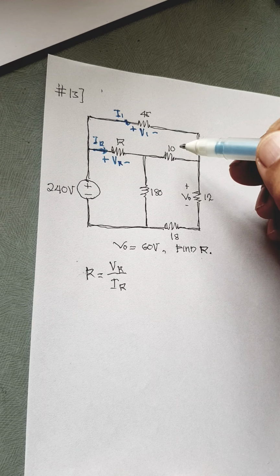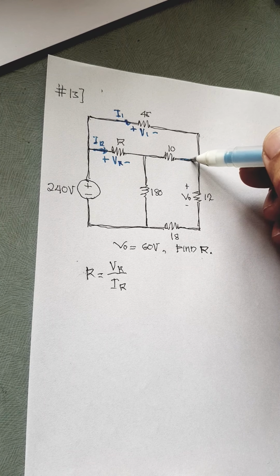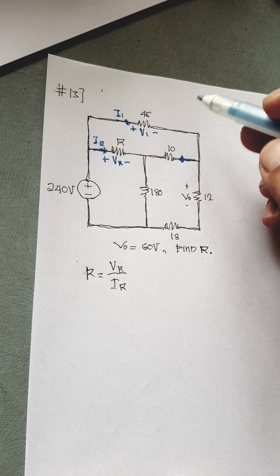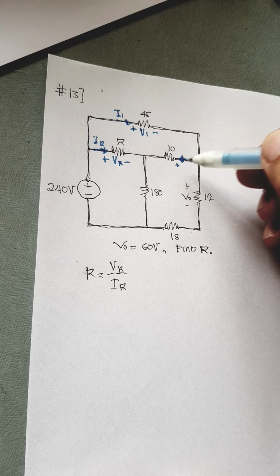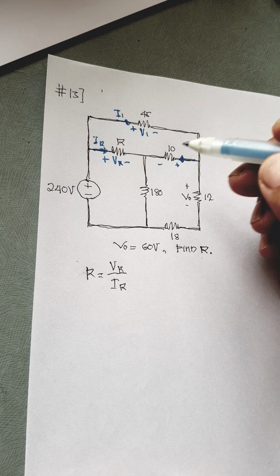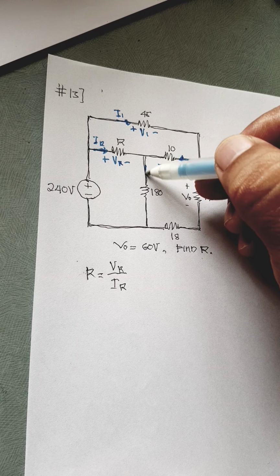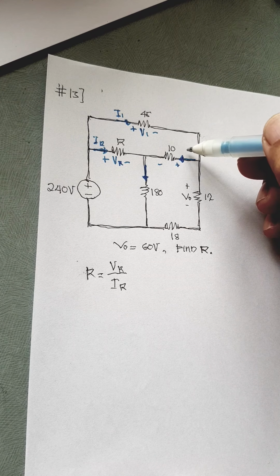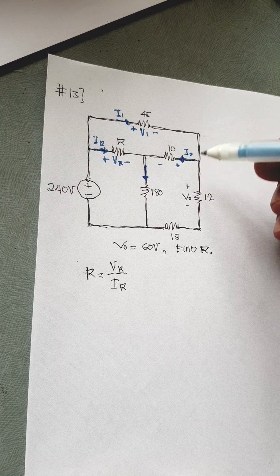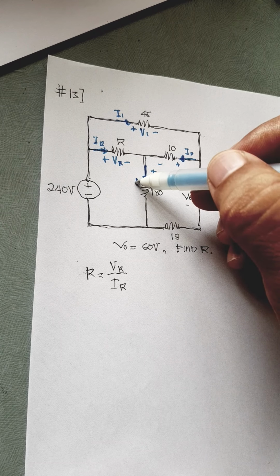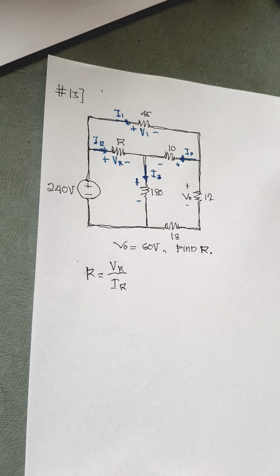Now the direction here, let us assume to be going to the left, therefore this should be plus and this should be minus. And if the direction of the current here is going down, let us call this I2 and this is I3. So this should be plus and this should be minus.